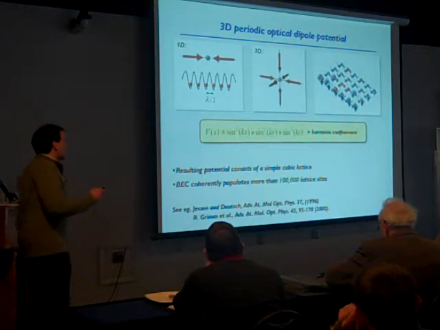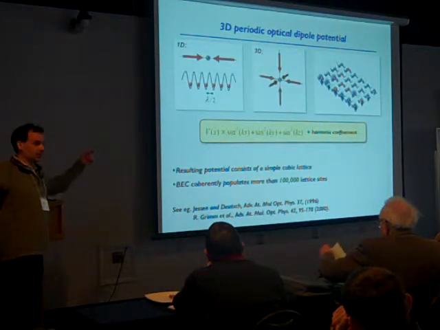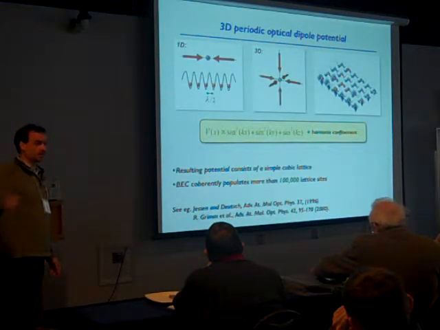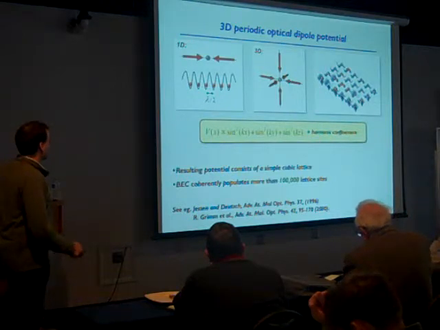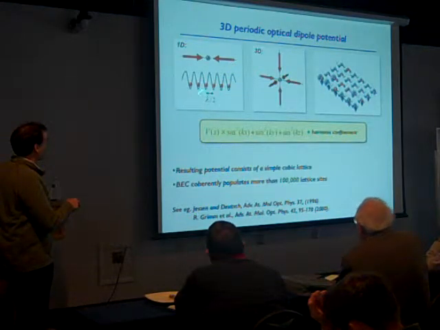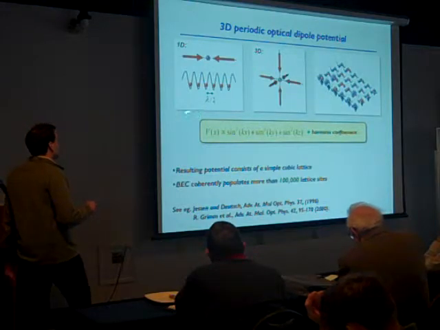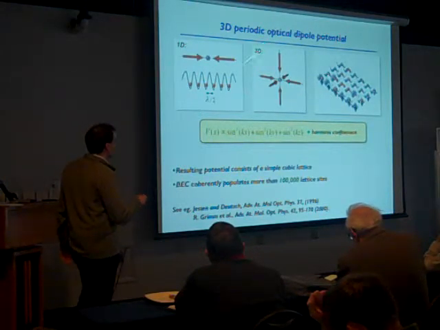So lattices. How do we make lattices? Well, we can simply interfere two laser beams, and as you know, if you interfere two beams, you get an intensity pattern. And so we can then create a lattice, where basically the lattice spacing is half of the wavelength. With 1D, 2D, 3D, right?